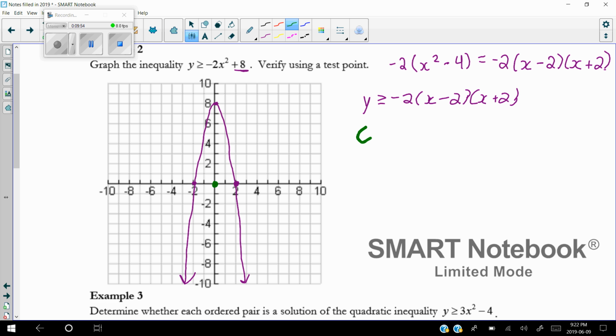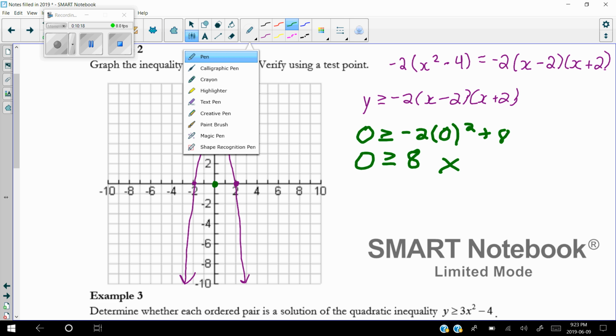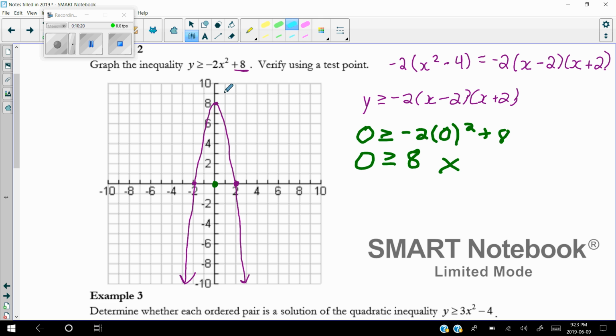We get 0 is greater than or equal to negative 2 times 0 squared plus 8. So our statement is 0 is greater than or equal to 8. That is not true, which means that that is not a correct test point, which means that we shade outside. Okay, so I'm just going to go ahead and shade in everything outside of the parabola.